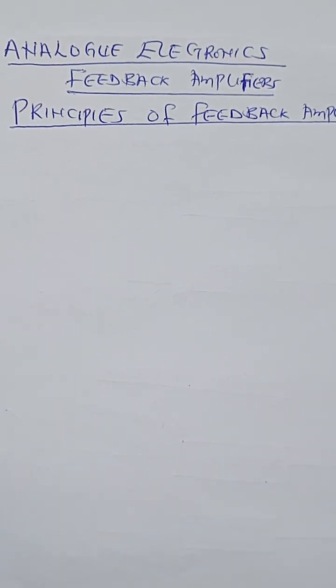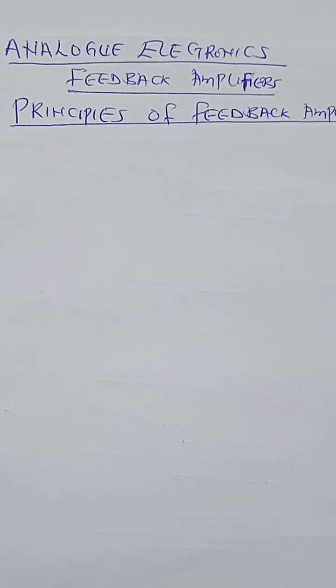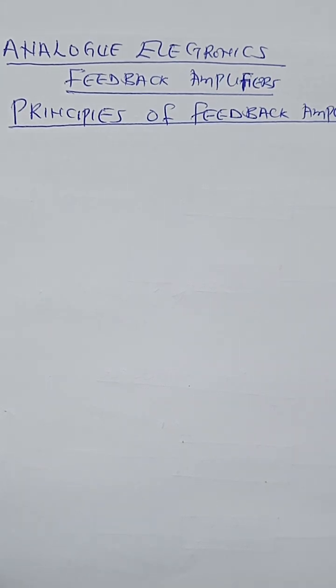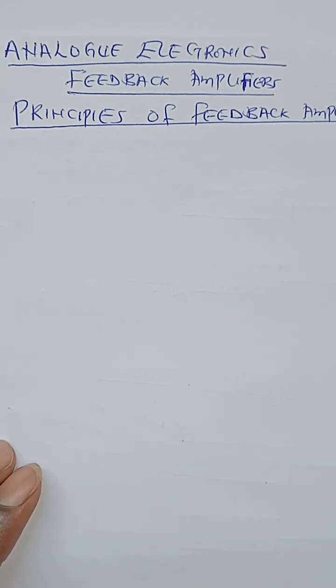Now, for an ordinary amplifier, that is an amplifier without feedback, the voltage gain is given by the ratio of the output and the input voltage. So, the input voltage Vi or V1 is amplified by a factor of A to the value Vo of the output voltage.